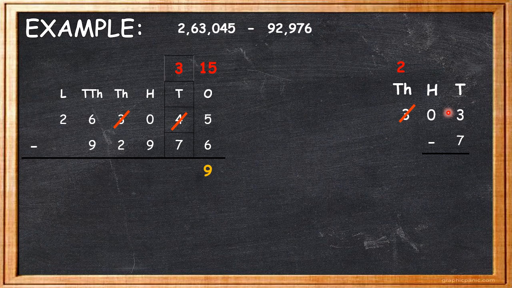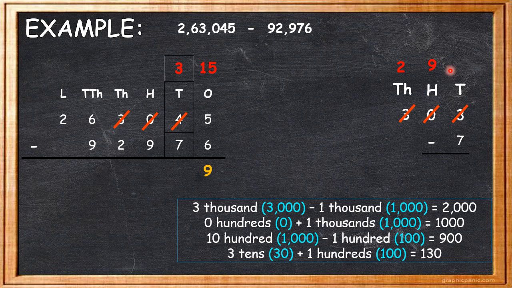After giving 100 to the tens column, the hundreds house will be left with 900, and this 3 will become what? 13. Yes, children, see here. It is just an explanation of what we have done here. 3000 minus 1000 is equal to 2000. Clear?